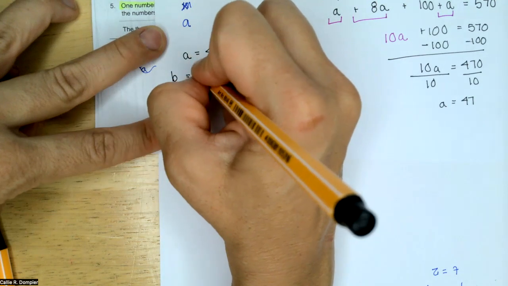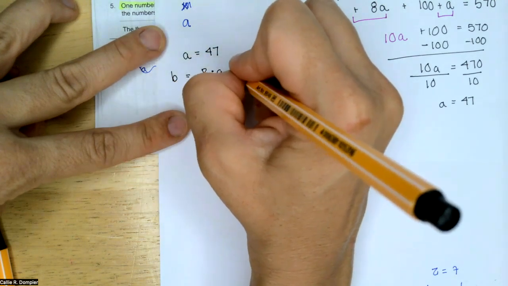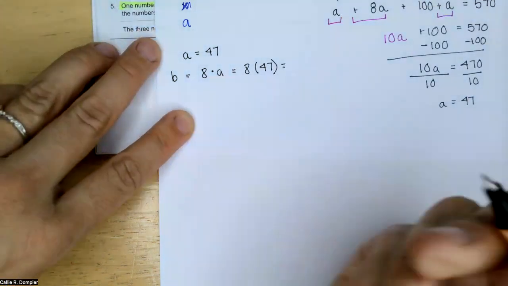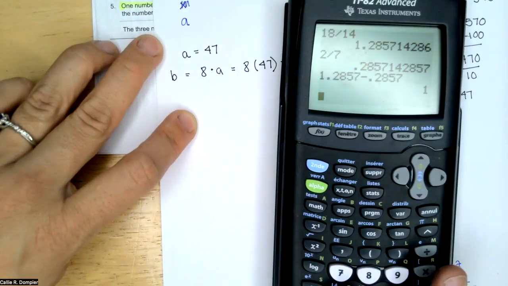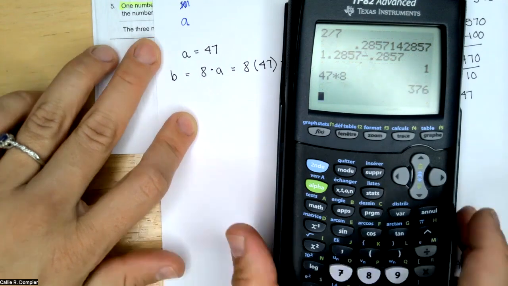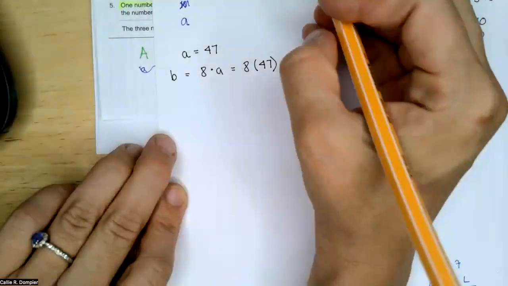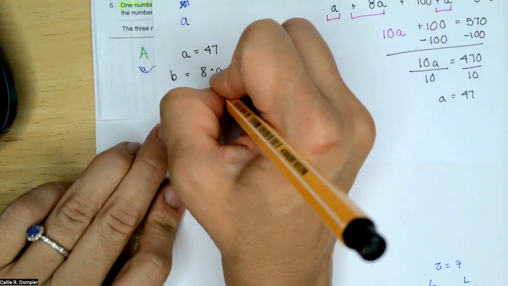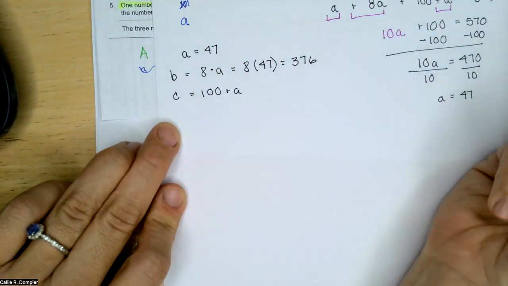B is 8 times A, right? So that means it's 8 times 47. I'm just going to use my calculator. 47 times 8 is 376. And then C is 100 plus the first number.